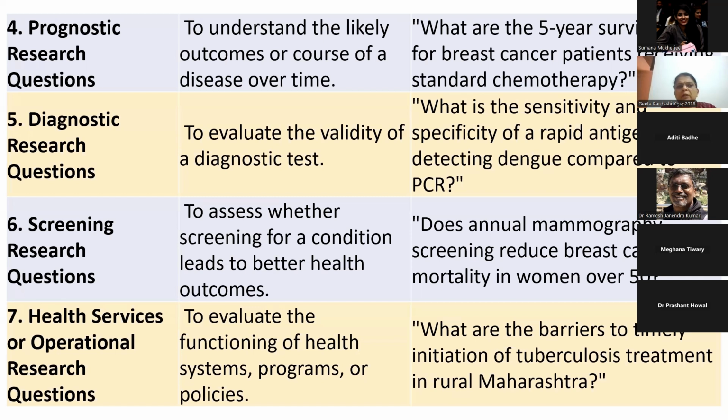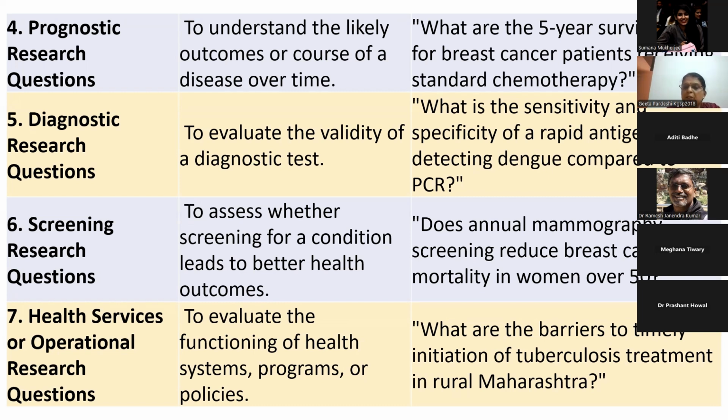Then you have the prognostic type of research questions where you want to see the prognosis of the disease over a period of time. It could be a diagnostic or a screening test research question where you want to assess the validity of a diagnostic or a screening test. Or you want to look at the screening research questions, whether you want to see the impact of the screening program per se on the health outcomes.